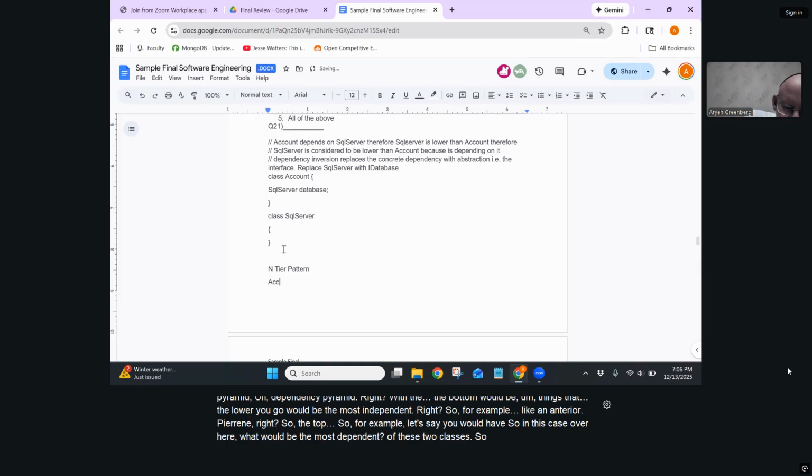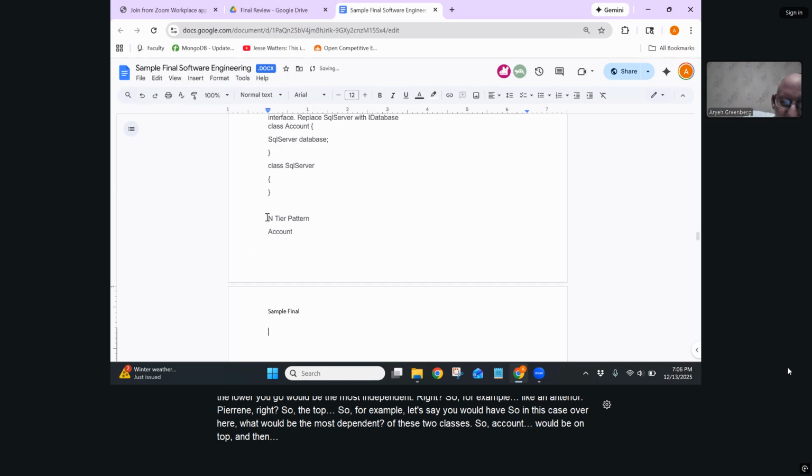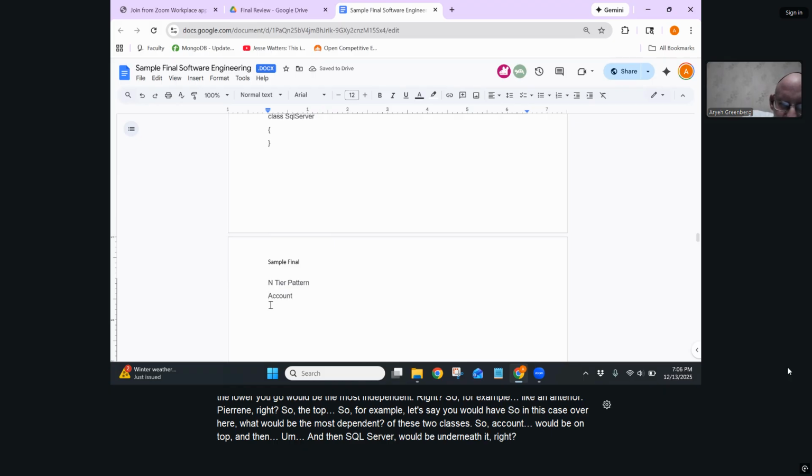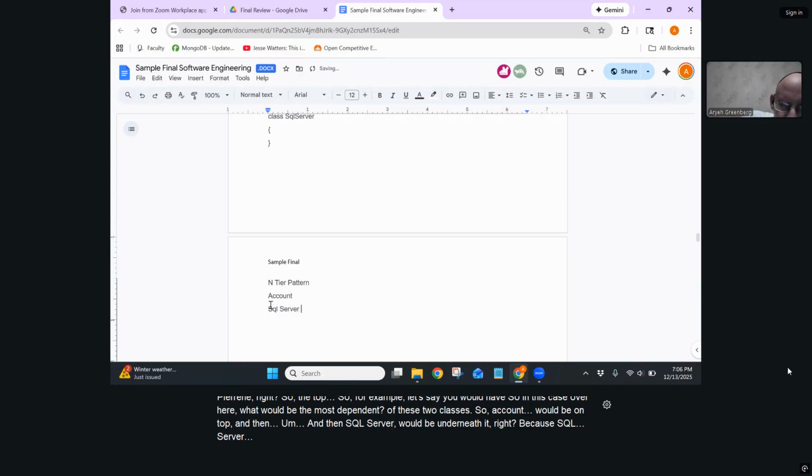So Account would be on top and then SQL Server would be underneath it, right? So this would be the top and this would be the bottom.